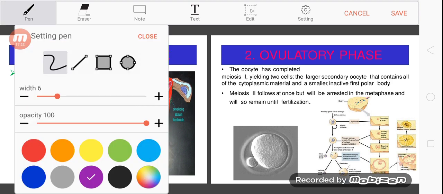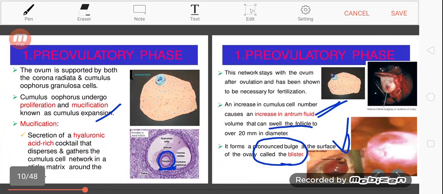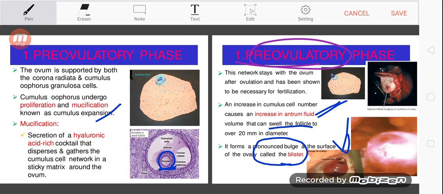Okay, now we talk about oocyte maturation. During the pre-ovulatory phase, in the Graafian follicle, the cumulus cells proliferate, and the oocyte starts to complete its meiotic division 1, and then enters meiotic division 2, arrested at metaphase 2.